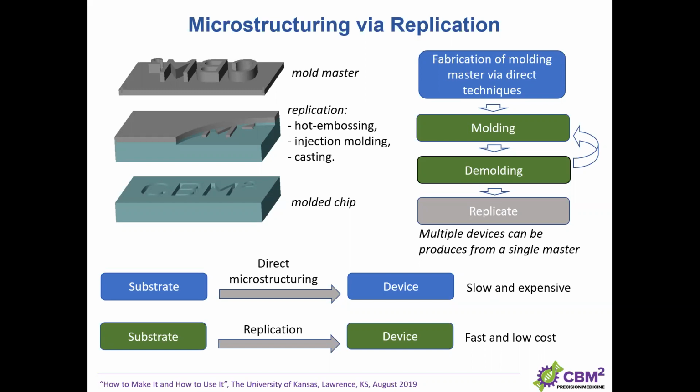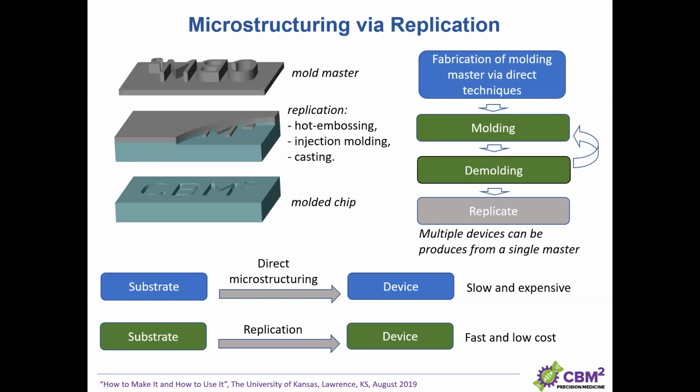of the final device. So just to summarize the difference between these two techniques from a practical, let's say, production scale point of view: direct microstructuring, we take a substrate, process it, we get a device, because every device needs the same type of processing.